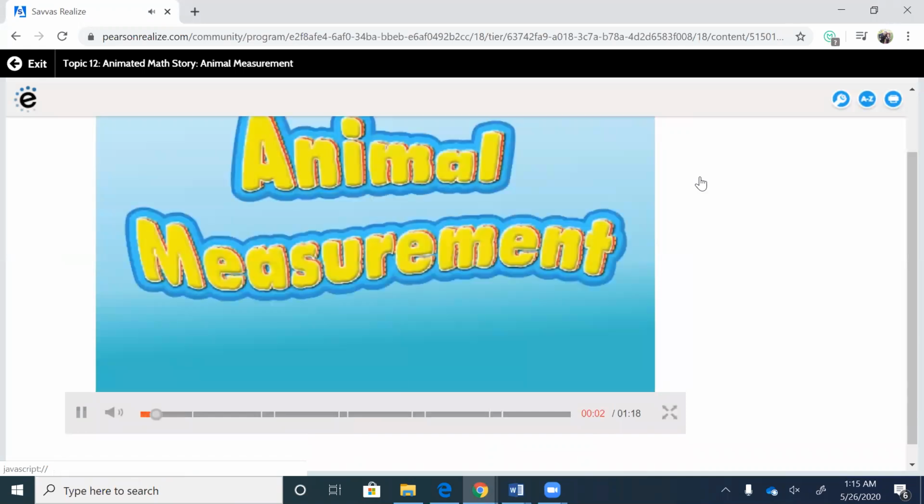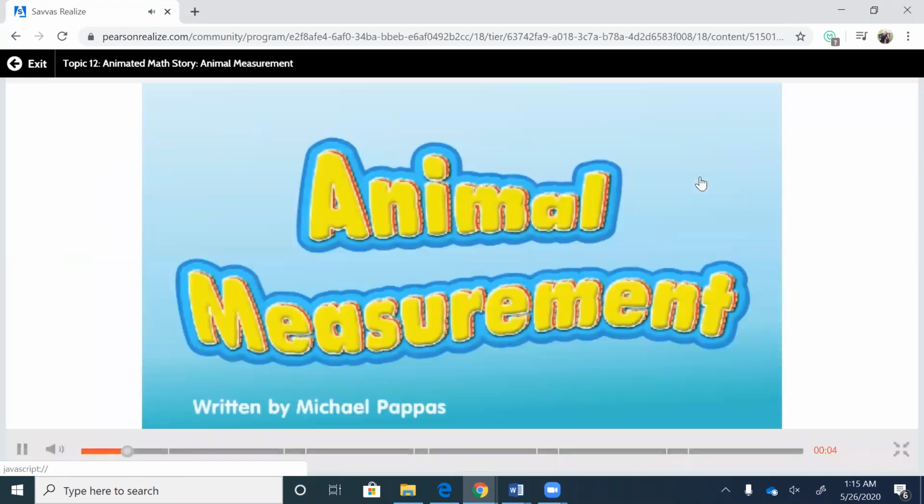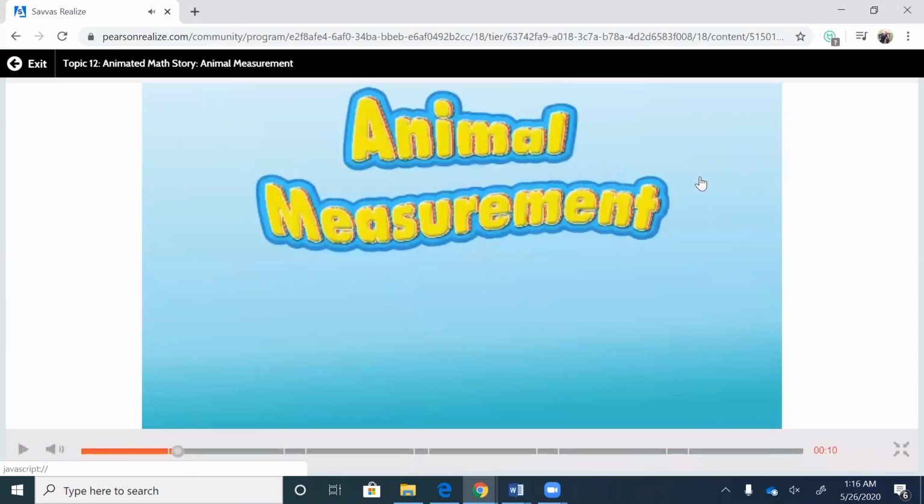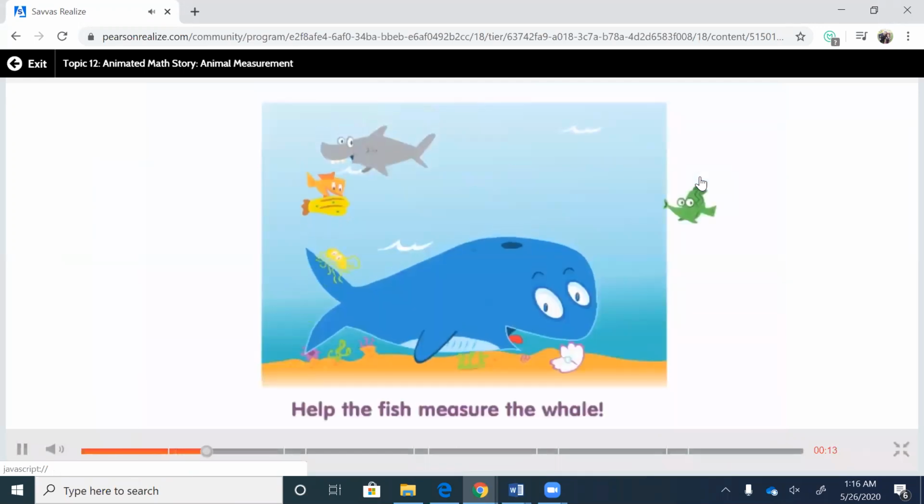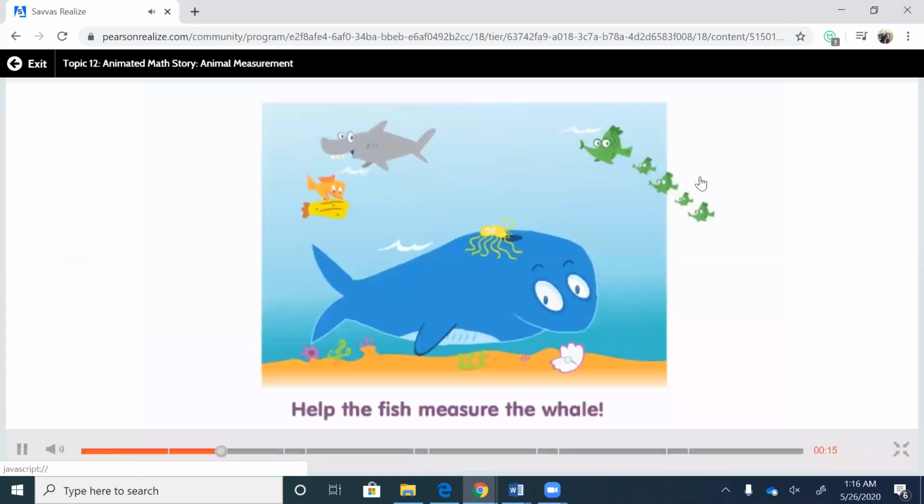Animal Measurement, written by Michael Pappas, illustrated by Mike Moran. Help the fish measure the whale.